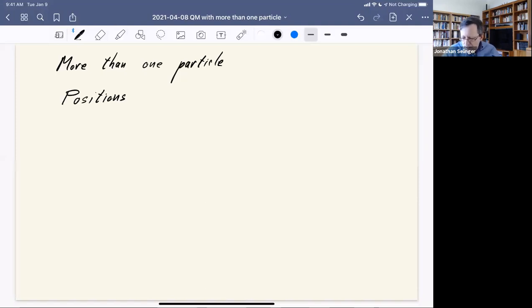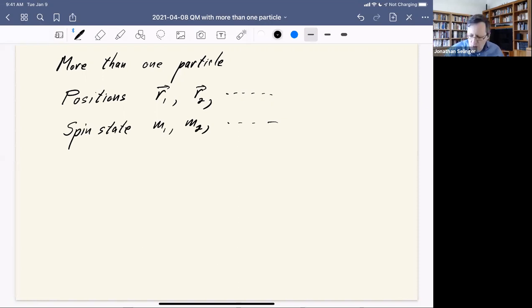So we have positions, R1 for particle number 1, R2 for particle number 2, perhaps more. And then also each particle could have a spin state, so M1, M2, perhaps more.